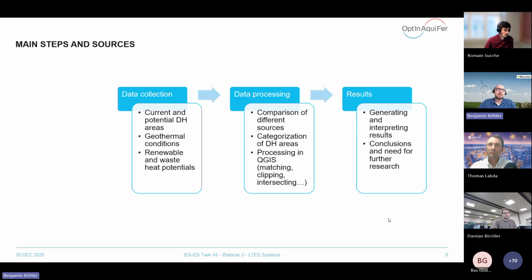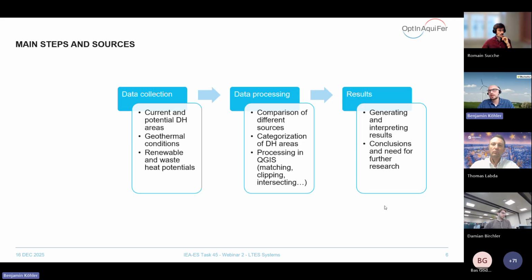The main steps we did for the assessment are, of course, data collection. We tried to find out which are the current and also potential district heating areas in Germany, what are the geothermal conditions in the underground, and what are the renewable and waste heat potentials all over Germany. In the second step, we processed the data. We compared different sources for each of the mentioned potentials we assessed, and also for the geothermal conditions.